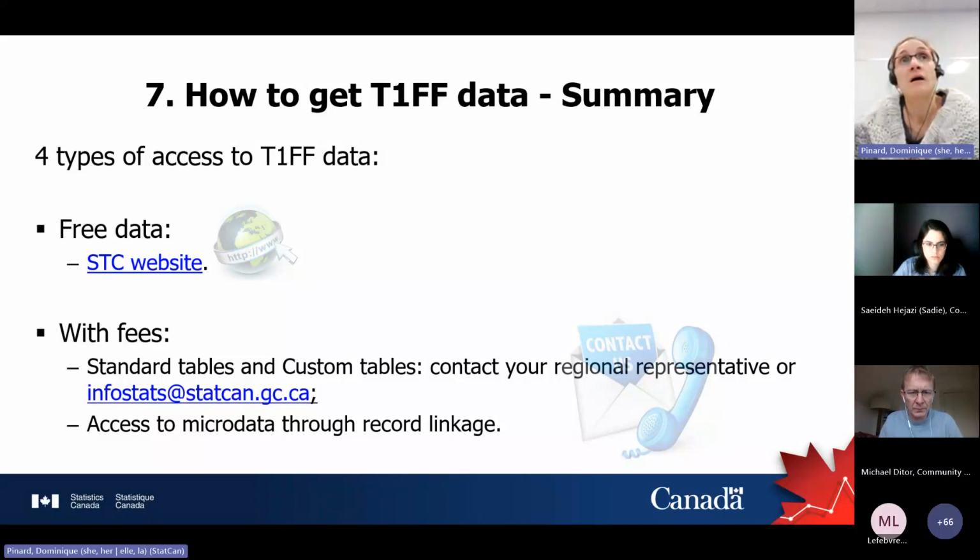Additional work can be done on a cost recovery basis, and that would be called standard tables, which would be the web table released for other levels of geography. What's initially released in the web table is the national, provincial, and the CMA-CA level information.